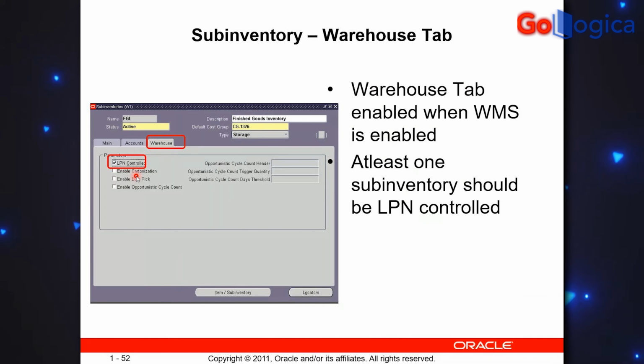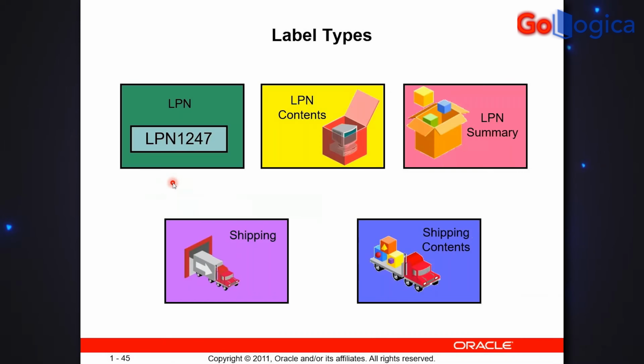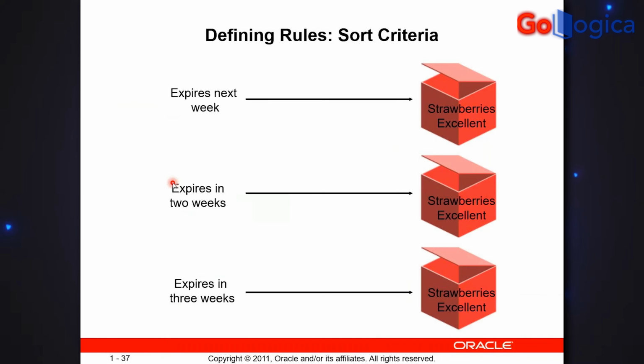You can also enable cartonization or enable bulk pick against this particular subinventory. And opportunistic cycle count can be done on a specific subinventory also. So all these setups can be done here. Now coming back to our normal PPT discussions.